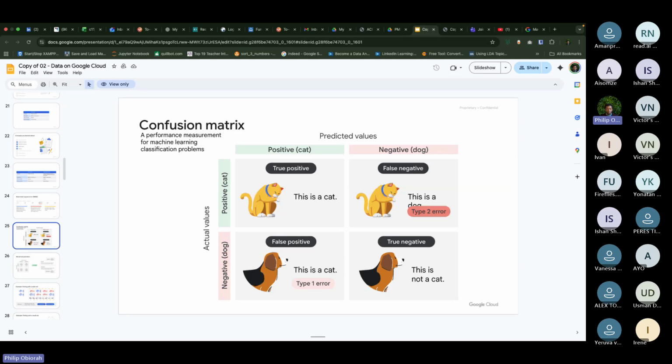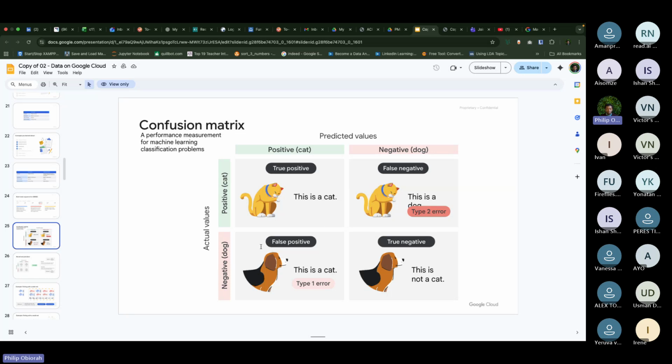Type 1 error is false positive. True positive is when the model predicts that this is true and it is actually true. False negative is when the model predicted negative but it is actually false. Type 2 error.